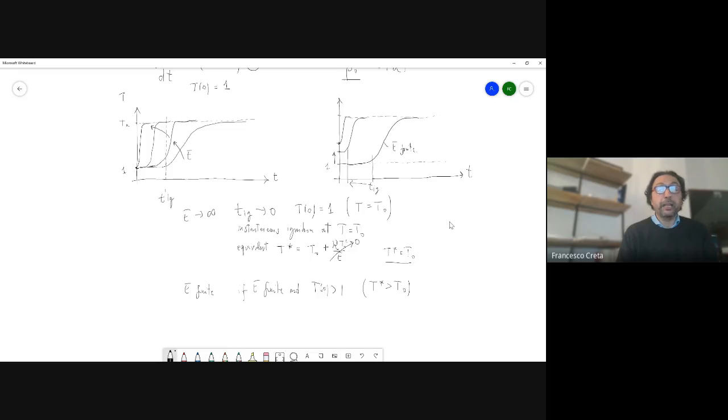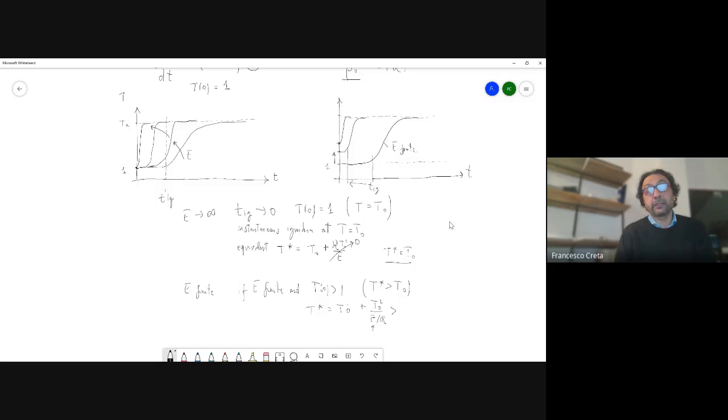We're recovering the fact that the difference between the initial temperature and the explosion temperature differs by a finite amount, which depends on the finite and constant value of the activation energy.